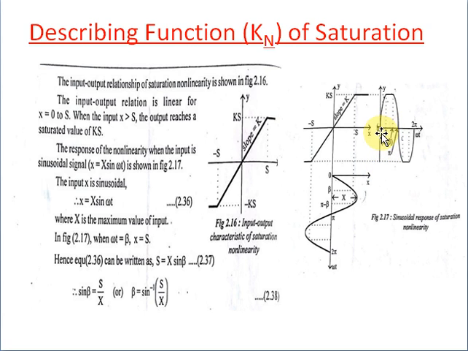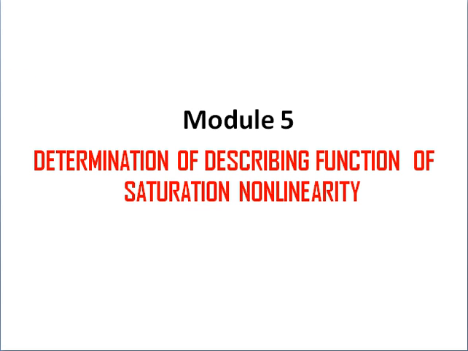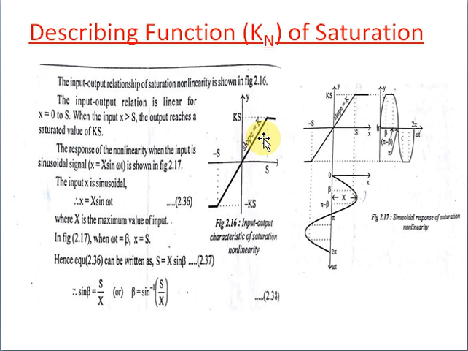Up to x equal to s, this is linear, that is, it is linearly increasing. Similarly, the sinusoidal response increases linearly up to this value beta. When x is greater than s, it is saturated.